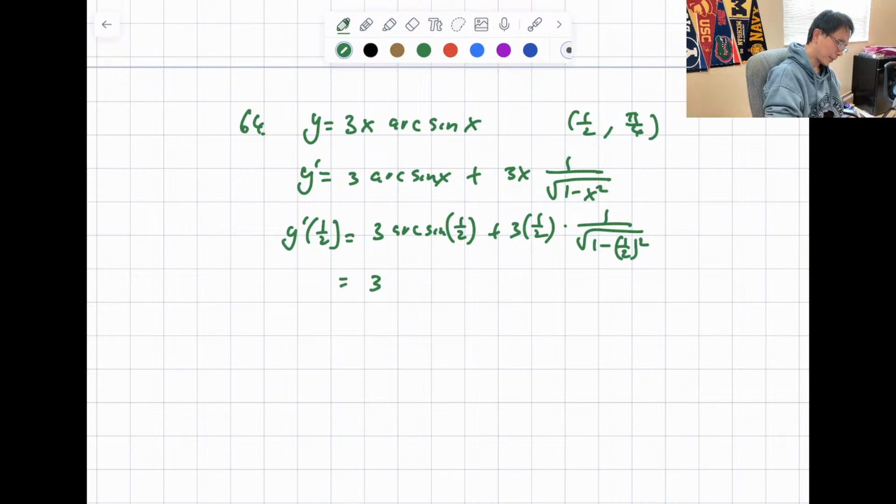And that's going to be 3 times pi over 6, I believe, plus 3 over 2 times 1 over the square root of 1 minus 1/4. So it'll be 3/4.